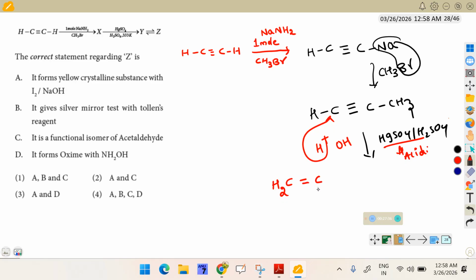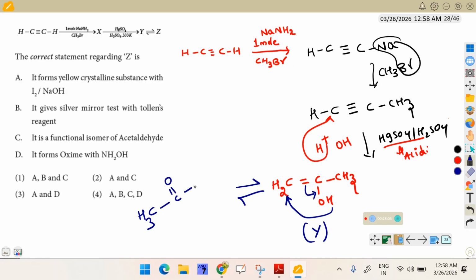CH2=C(OH)CH3. Now this is vinyl alcohol. Vinyl alcohols participate in tautomerism. Proton is shifted towards the unsaturated carbon which contains more number of hydrogens. Pi bond is shifted towards the oxygen side. Then it gives CH3-C(=O)-CH3. Ketone is formed.